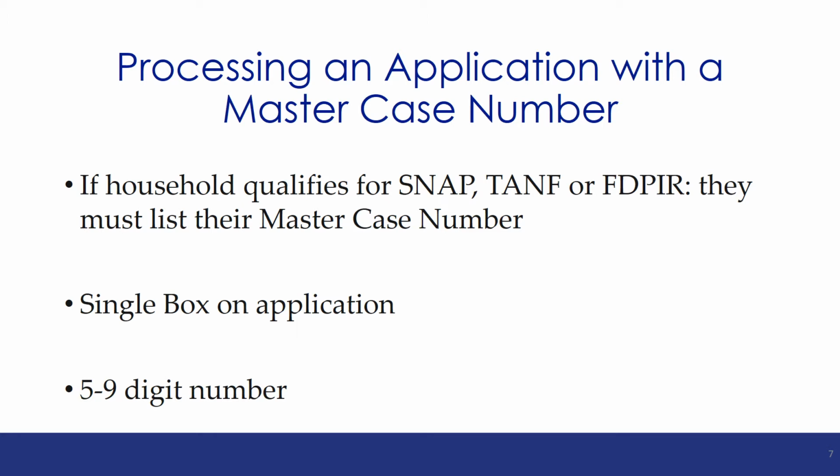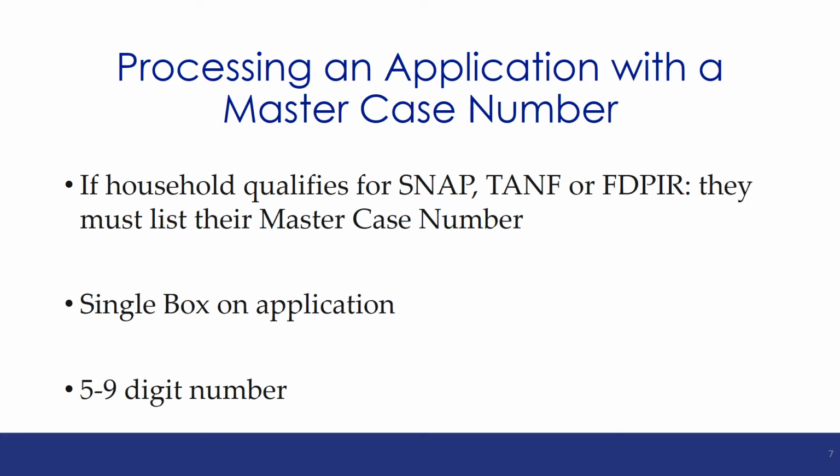Processing an application with a master case number. If a household qualifies for SNAP, which stands for the Supplemental Nutrition Assistance Program, or TANF, Temporary Assistance to Needy Families, or FDPIR, the Food Distribution Program on an Indian Reservation, they must list their household's master case number.